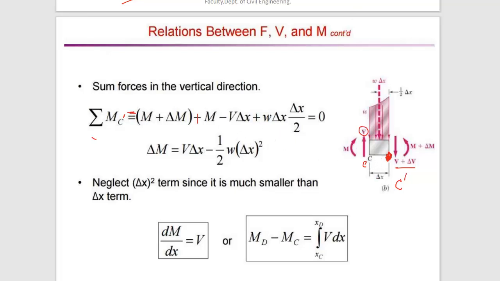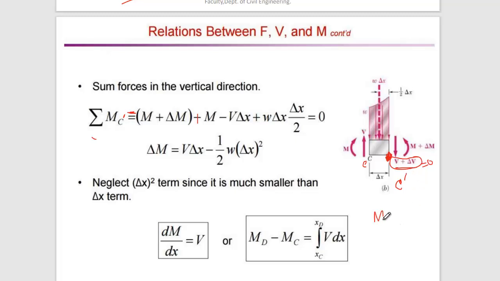This V here will be 0, but this V plus del V will produce 0 moment. Now you should ask why it is 0, because this V plus del V is passing through the point C. So there is no moment arm.